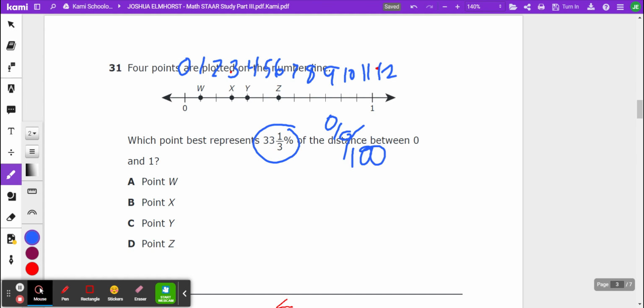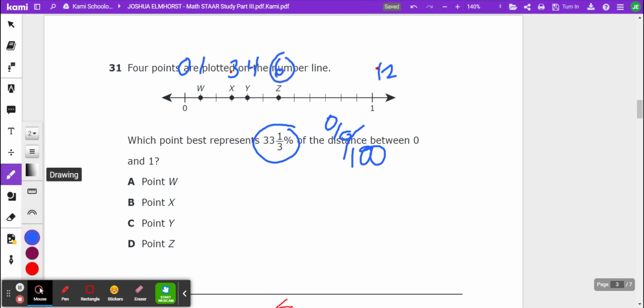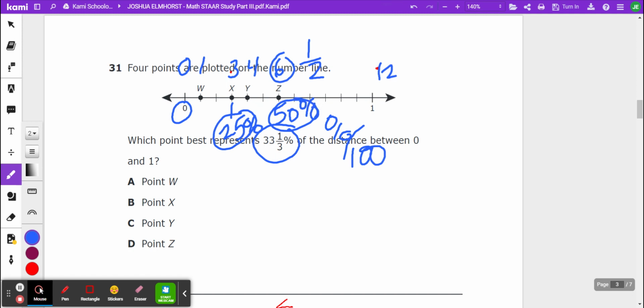Okay, so right here, 6. So if we're looking at 6, 6 is 1/2. So 1/2 is going to be 50%. And then if you go over here, right in the middle is going to be 25%. So you got 25, 50%. So we are looking here between where's 33% going to go?